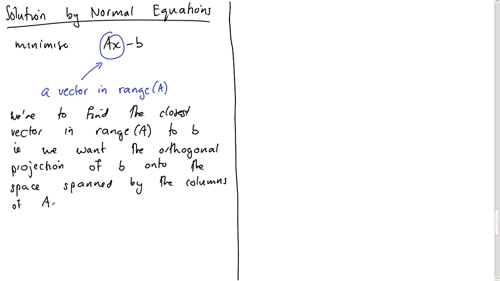So the closest vector to a subspace spanned by the columns of A is given by the orthogonal projection of B onto the range of A.